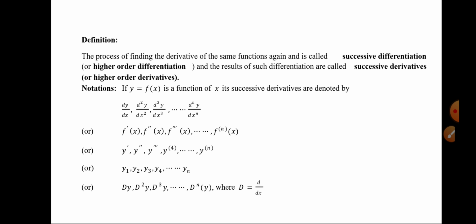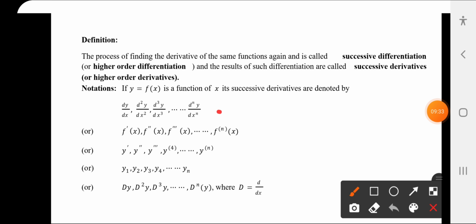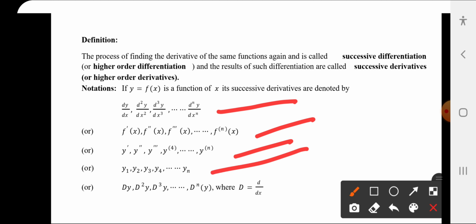If y is equal to f of x is a function of x, its derivatives are denoted by dy by dx, d square y by dx square, d cube y by dx cube, and so on, or f dash of x, f double dash of x, y dash, y double dash, y1, y2, y3, and so on. So this is called successive differentiation.